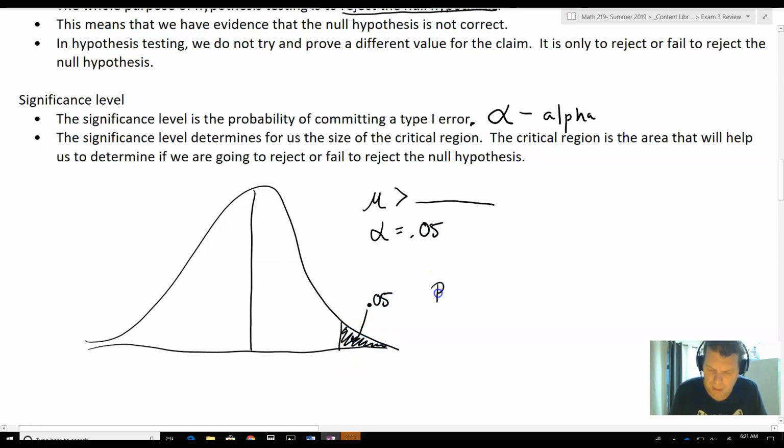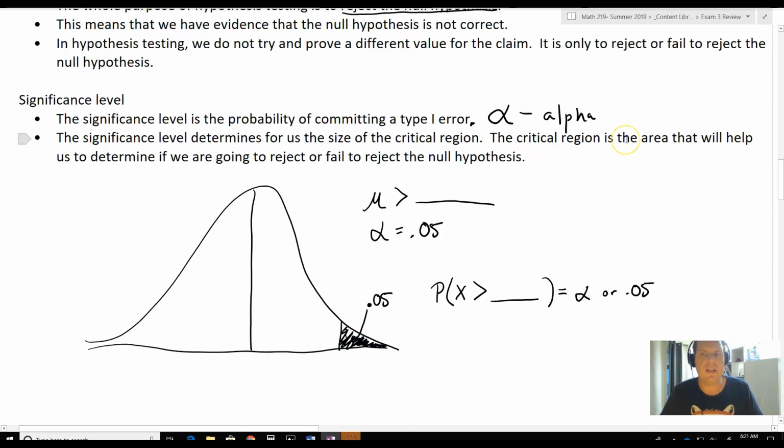Okay, the probability of getting some value in there, call it an x, in this region, greater than whatever the value is that we have there, is equal to alpha, or in this case, 0.05. Okay, so that's what alpha is. It's the size of the critical region.